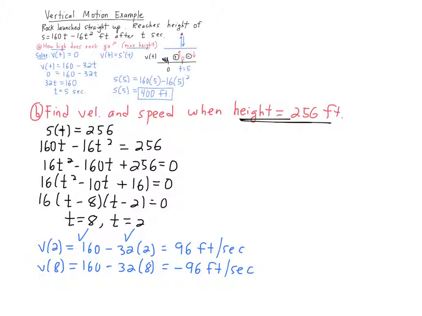The positive velocity indicates it was moving upward, and the negative velocity means it was on its way back down. If we also want to find the speed, it's the absolute value of that, so this would be 96 feet per second.